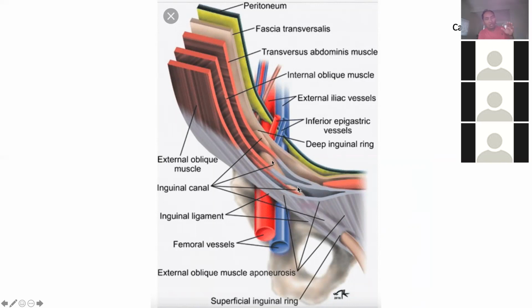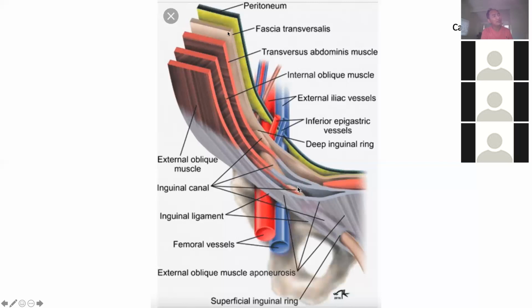Because it is close to the pubic symphysis, it is below the arcuate line. And this is the transversus abdominis muscle. Look at that. They are all fused and go in front of the rectus muscle. You can see that the red is the rectus. What is the transversalis fascia? Fascia transversalis.